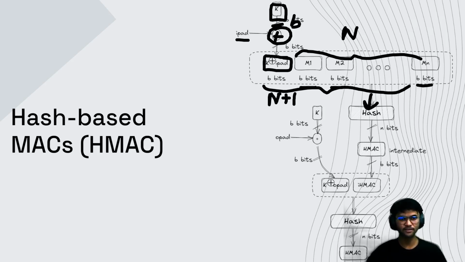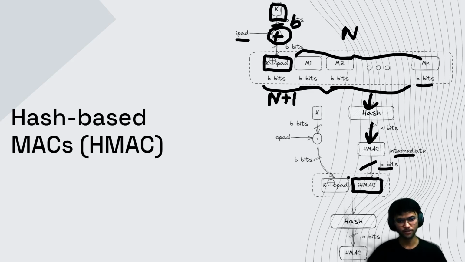We'll then pass these n plus 1 blocks to the hash algorithm and generate an n-bit HMAC called an intermediate HMAC. Now, we'll prepend this HMAC with zeros just to be sure that it's of b bits. And this is the second block that we'll be using in the next pass.